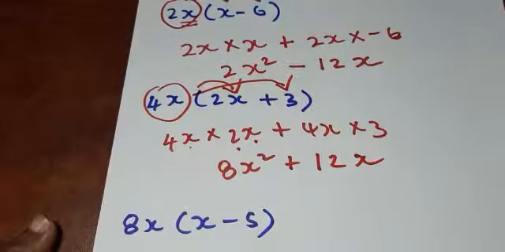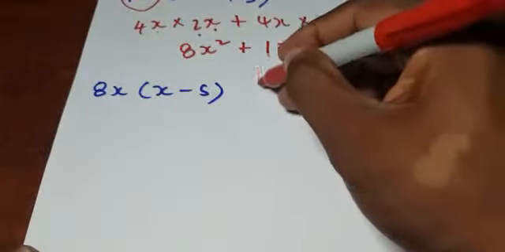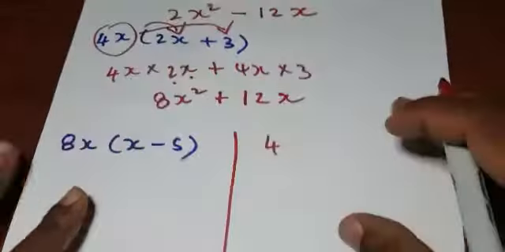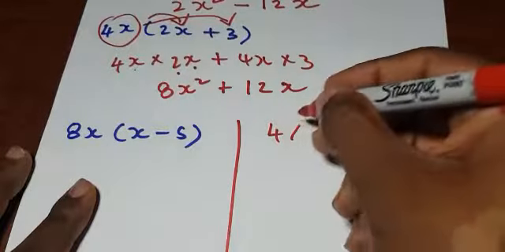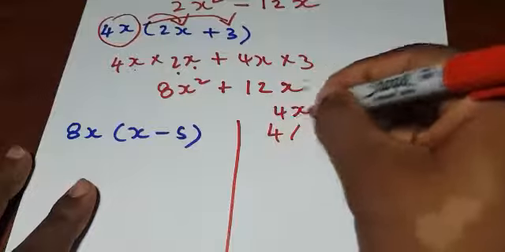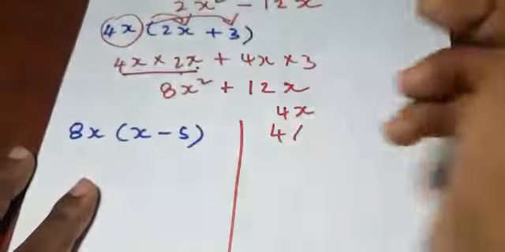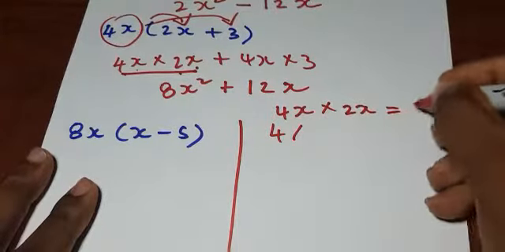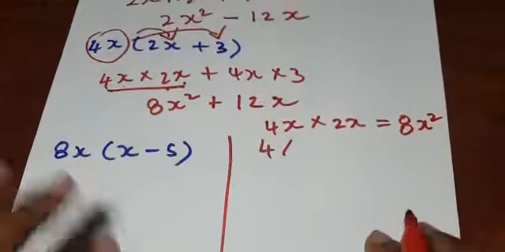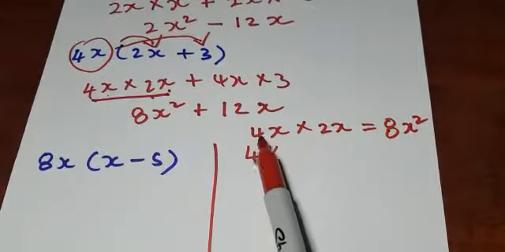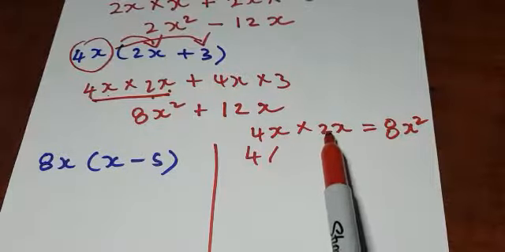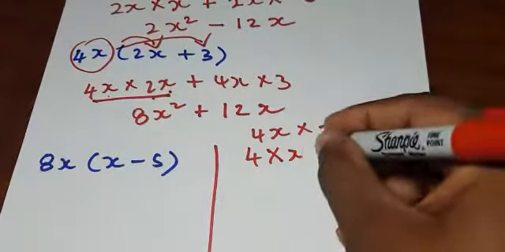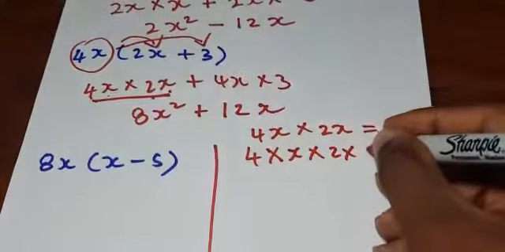Right? So quickly, for a person who may not understand what's going on here, think of this as 4x. So this thing here I'm going to rewrite another way. 4x times 2x, so we got that to be 8x squared. Think of it this way. We know this is 4 times x, and we know this is 2 times x. So effectively what we have is 4 times x times 2 times x.